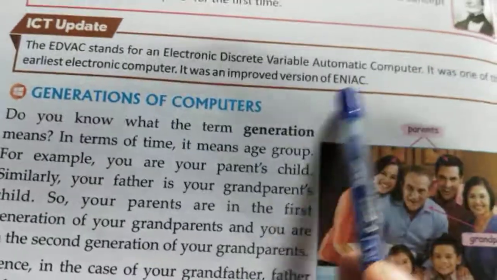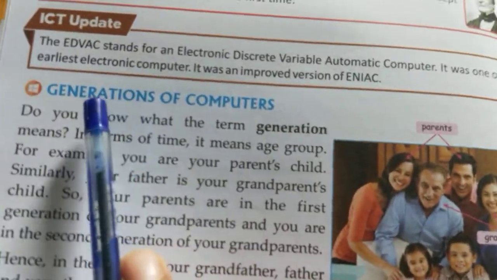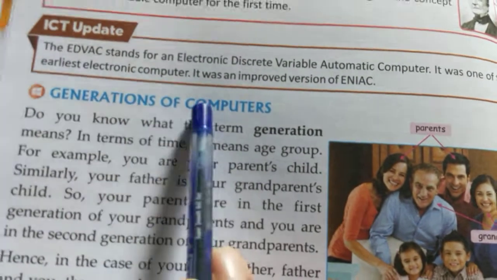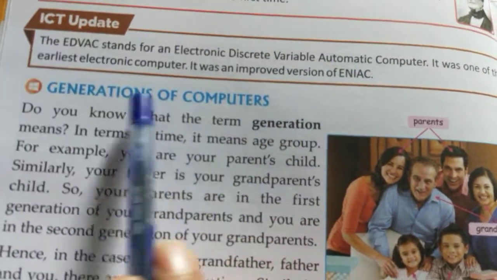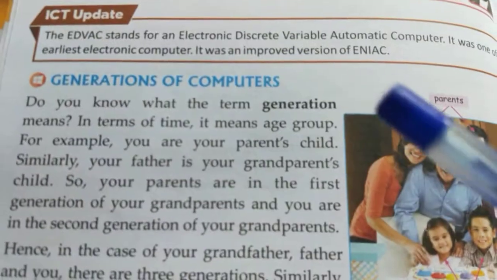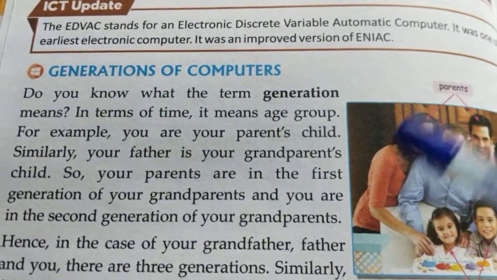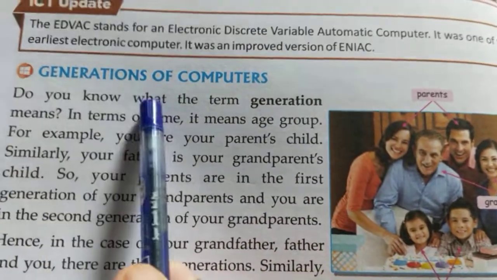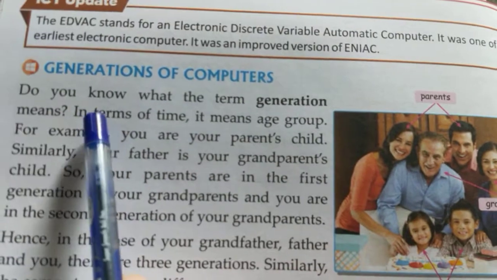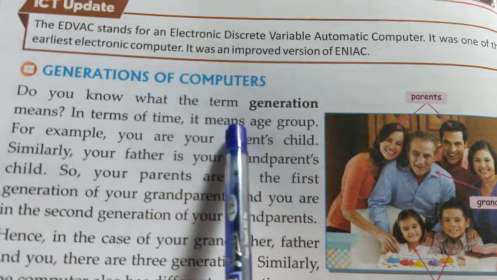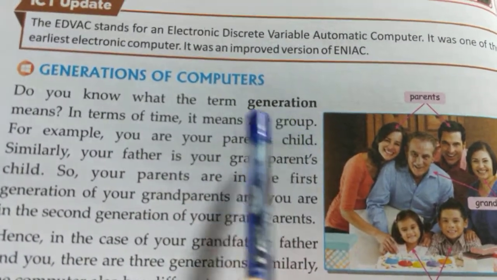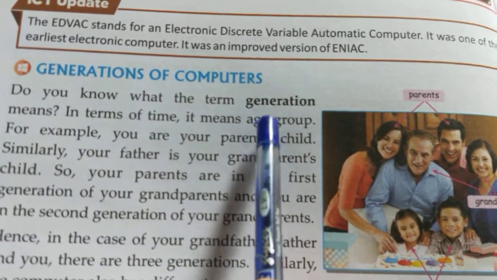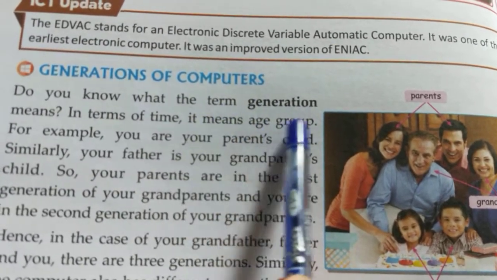Now another topic over here is generations of computers. Before learning about generations of computers, you should know what the term generation means. Do you know what the term generation means? In terms of time, the word generation means age group.